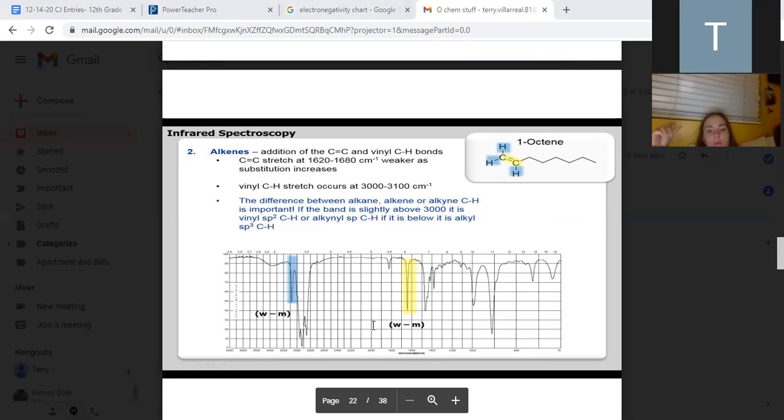Transmittance is how much of your original light source reaches the detector. Absorbance is how much light was absorbed by your sample. So they have to add up to 100%. If more is absorbed, then less made it to the detector. Correct. Okay, I got it.